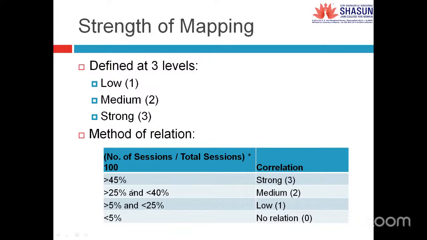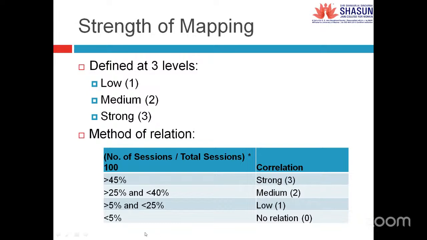If I divide the number of sessions by the total sessions, I can calculate the percentage of hours. If 25% to 40% or 45% of my classes are contributing to this CO, I can correlate at the level of medium. If the contribution is only 5% to 25% of my classroom sessions out of 45, then I relate it to the low level of correlation.